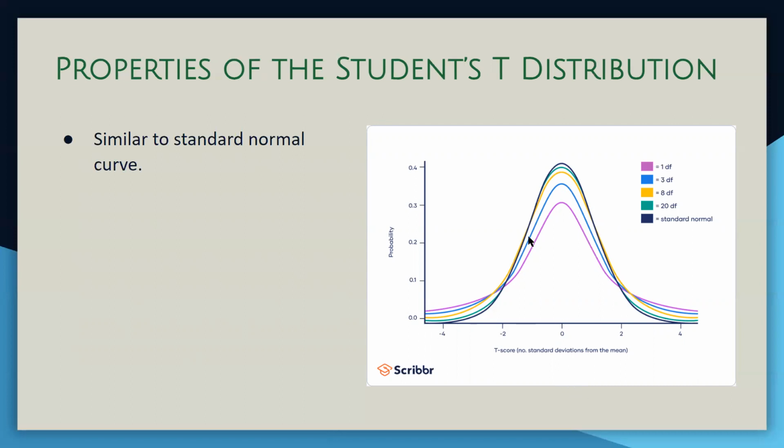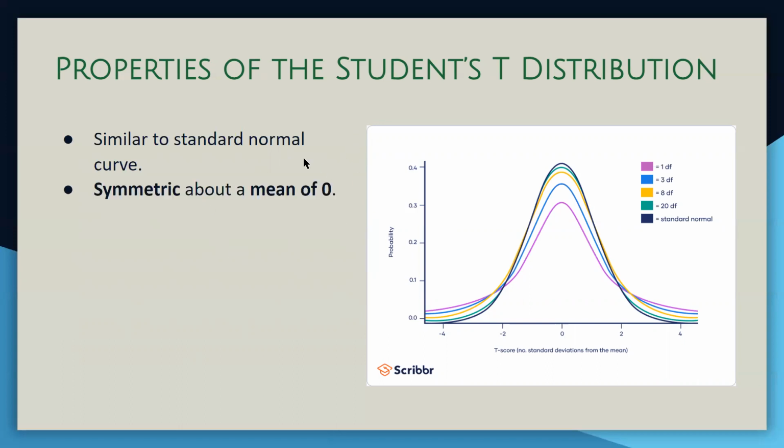We can see that it's bell-shaped. We can see that it's symmetric about 0. We can see that it approaches the x-axis, or in this case, the t-axis, but it never quite touches. We can also see that it's a probability distribution, so we know the total area under that curve is going to be 1. So a lot of similarities to what we saw with the standard normal curve.